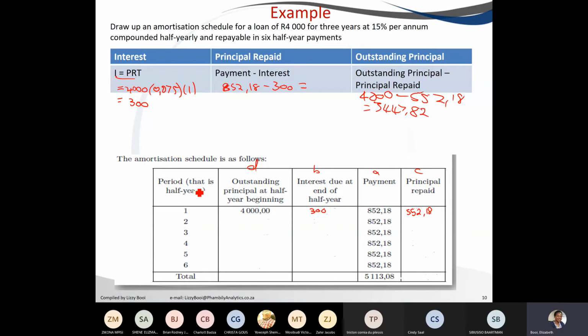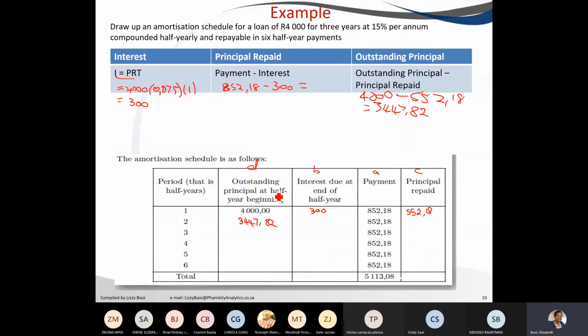So we write it here, 3447.82. That is the closing balance of payment number 1. That is the opening balance for year 2, or half-yearly 2.